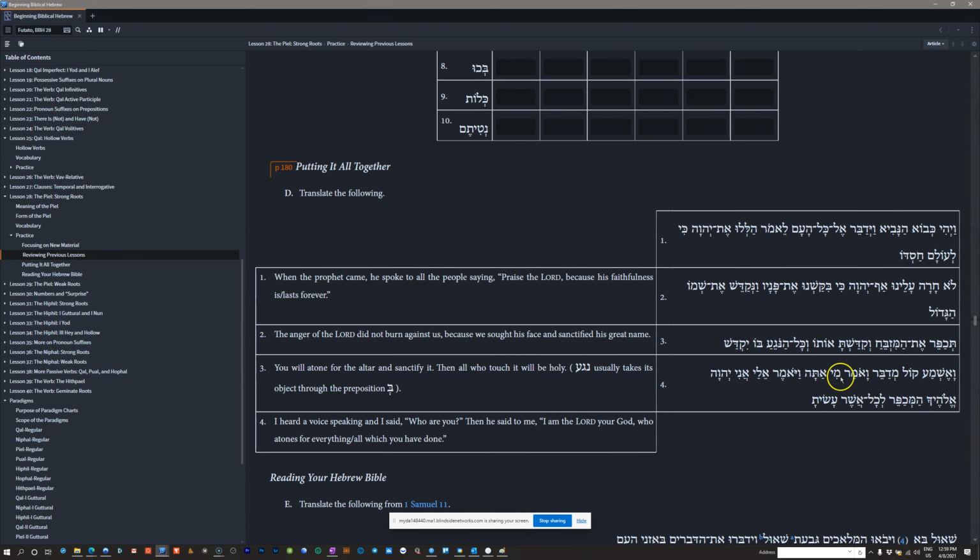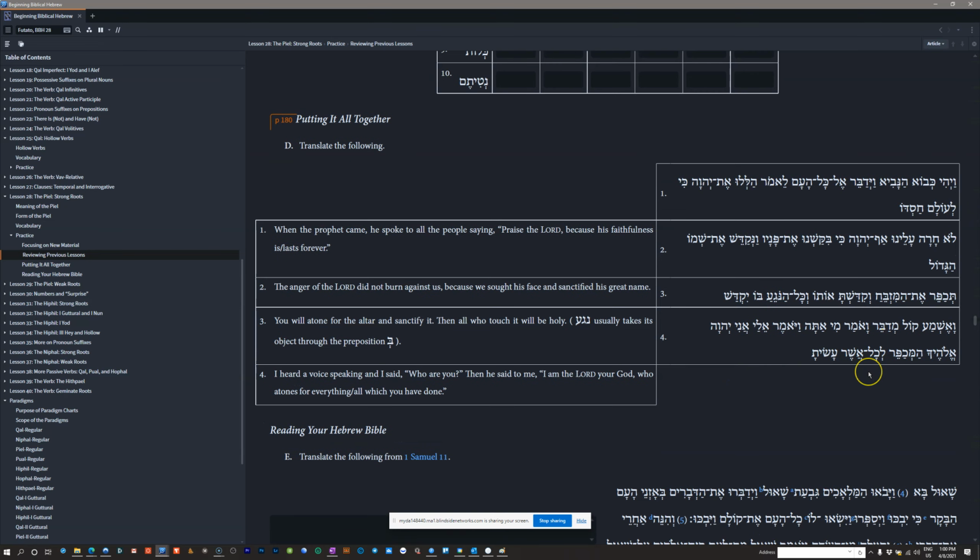All right, let's take number 4 here for translation. Remember, in the process of our translation, we're going to expect the first word to be a verb. All right, so we get va'eshma.